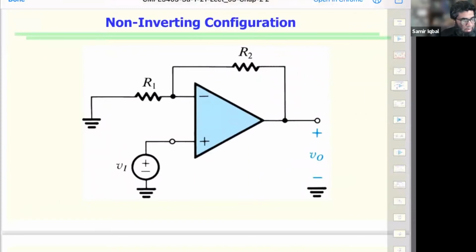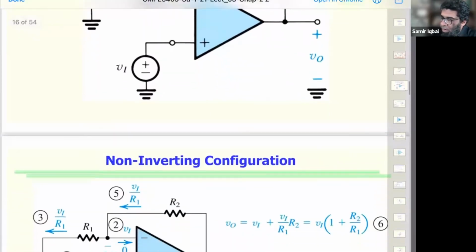All right, so we looked at the inverting configuration. Now let's take a look at the non-inverting configuration. So here what we have done is the input voltage is applied to the positive input terminal, and one end of the R1 is now grounded. The analysis goes in the same way as we did for the inverting configuration.